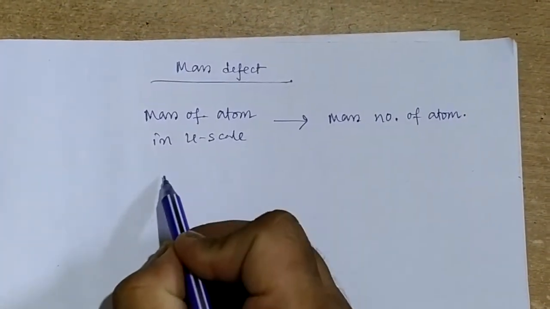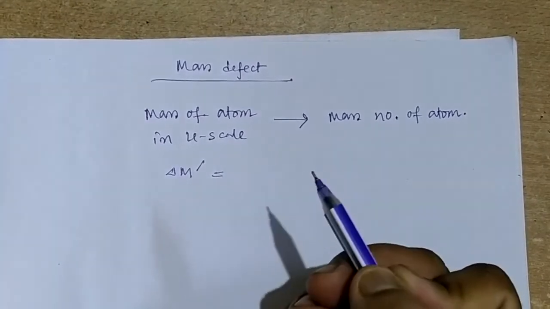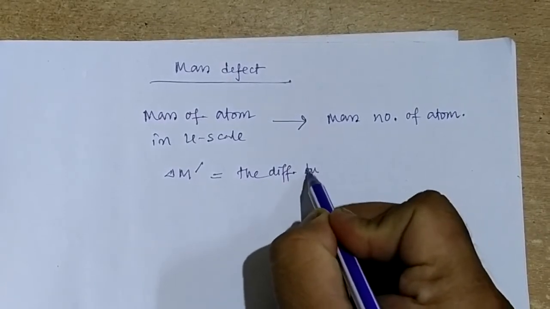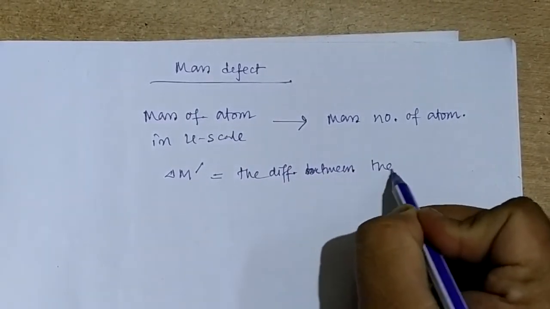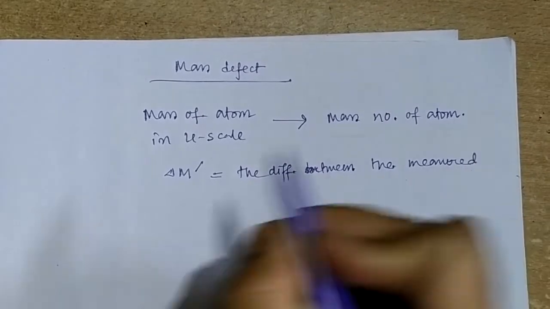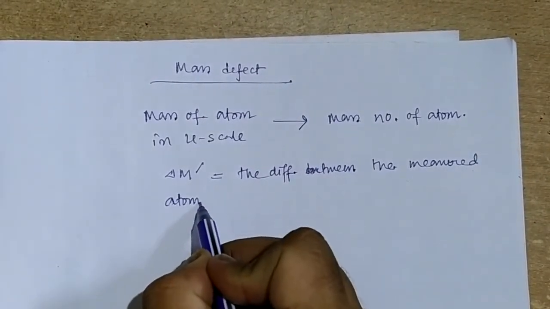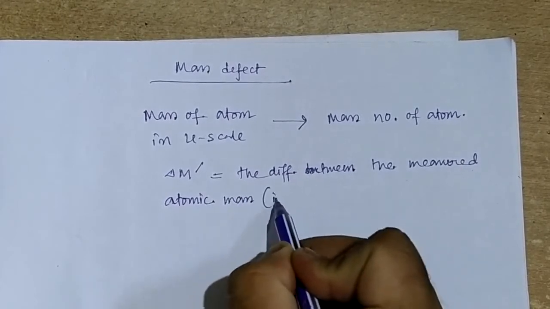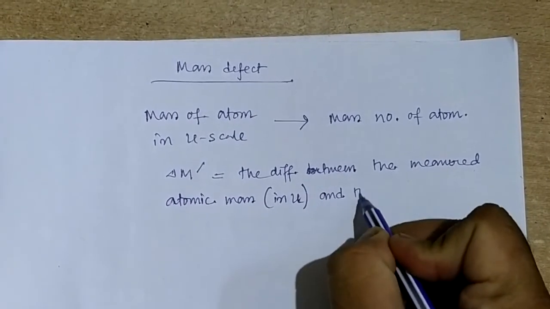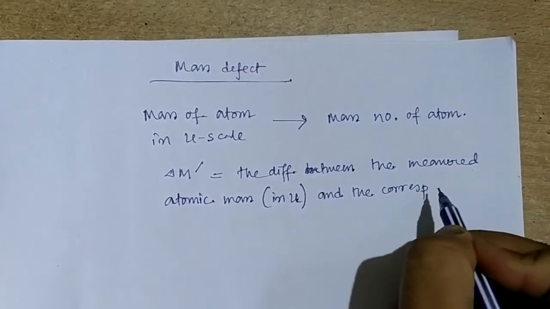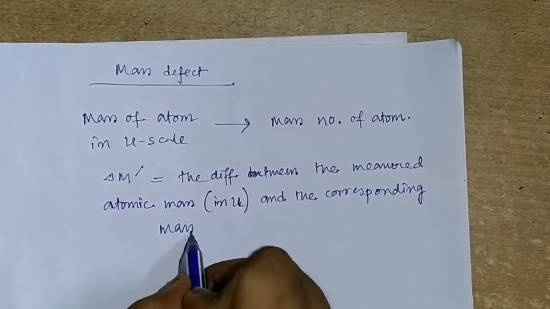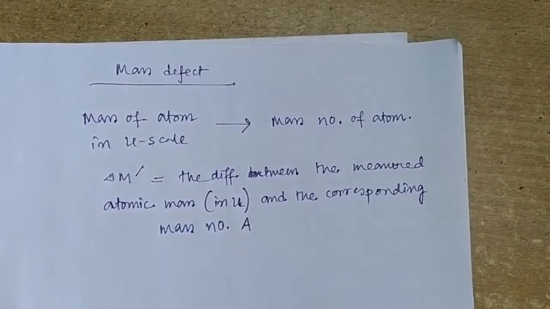The mass defect is denoted by del m prime, and this is the difference between the measured atomic mass in U scale and the corresponding mass number, that is A. Clear?